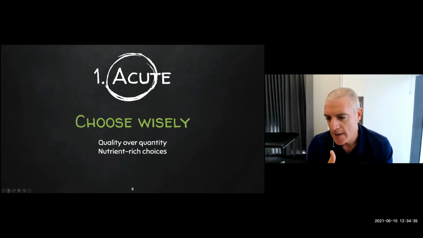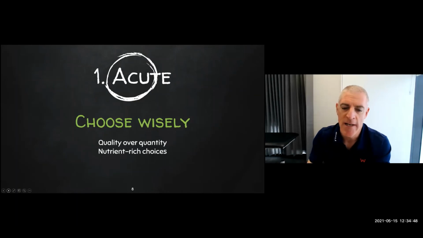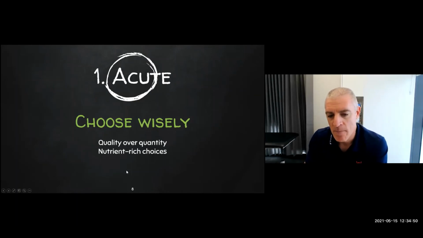On the other hand, if weight is something that is going down and appetite is poor, then getting nutrient dense foods and energy dense foods at the same time is going to be an important strategy. So it's important to know and understand what's going on and certainly address it.